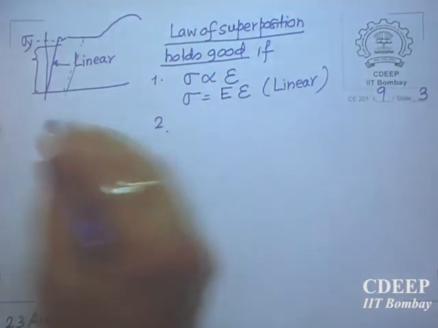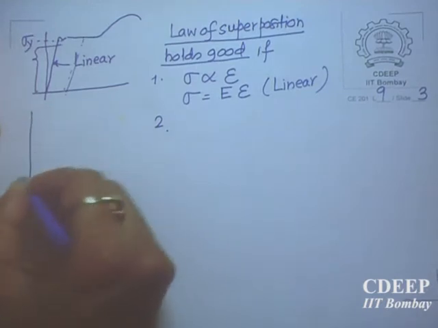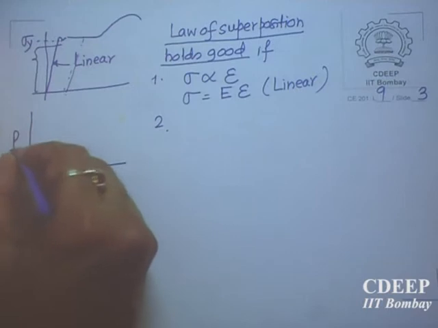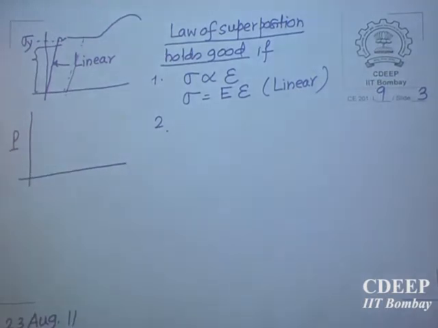Two, when I draw also, how do you get P delta curve, by the way? Supposing I am interested in the displacement of the body, displacement of any point, let us say the same loaded point. I want to plot loaded point, I call it, what should I call? U naught.